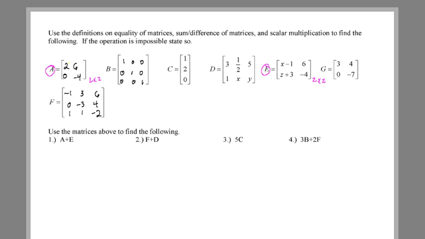So if I look at those two matrices, 2 corresponds to x minus 1. So I'll have 2 plus x minus 1. Next set of entries, 6 corresponds to 6, so I'll add those two up, 6 plus 6. I'll clean it up here in a minute.